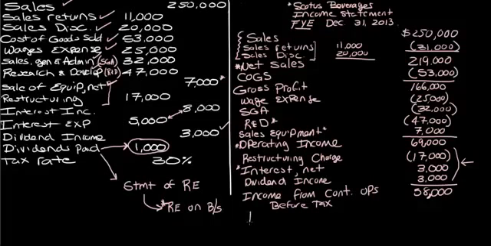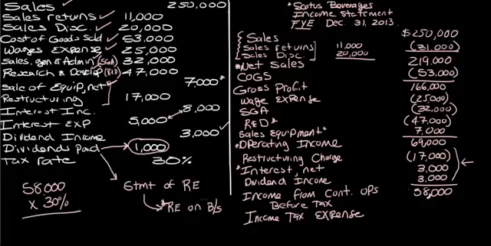The next line item we're going to have is income tax expense. And in this case, we know that the company's tax rate is 30%. Well, if their income's $58,000, we know that from right here, and their tax rate is 30%, we know that the total taxes, I think, is $17,400. So I'm going to show the income tax expense of $17,400.